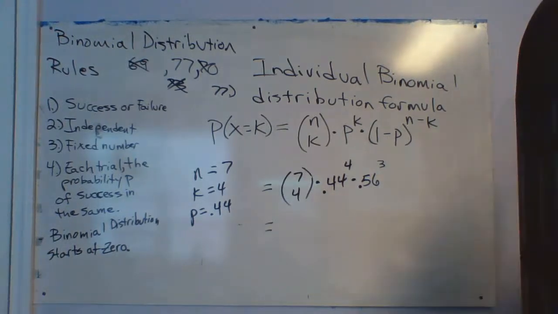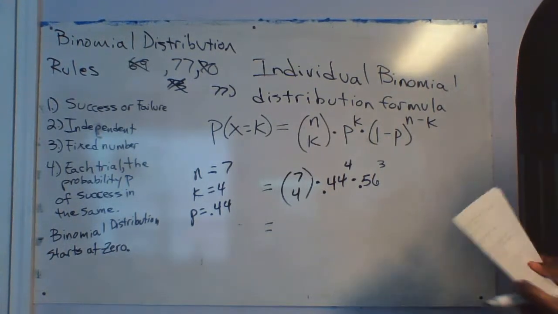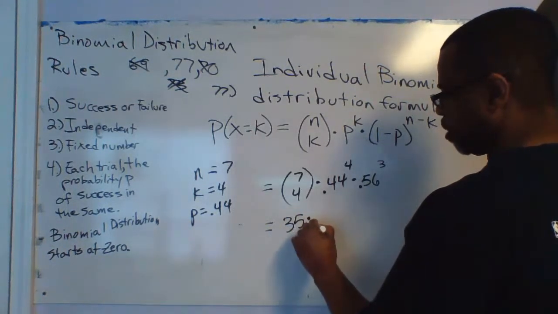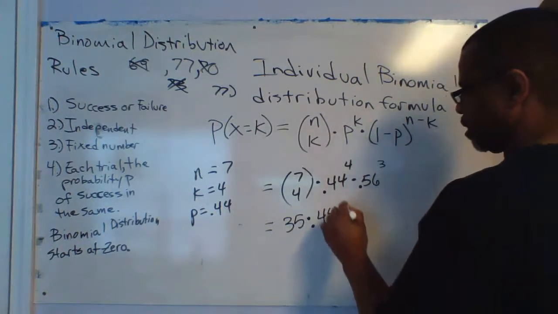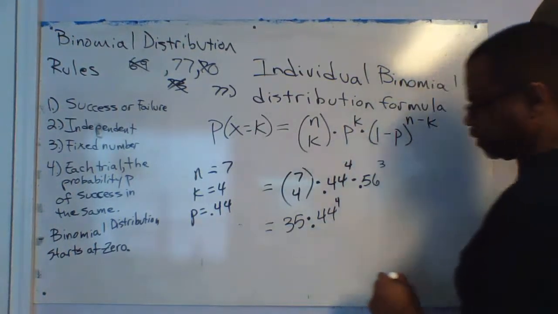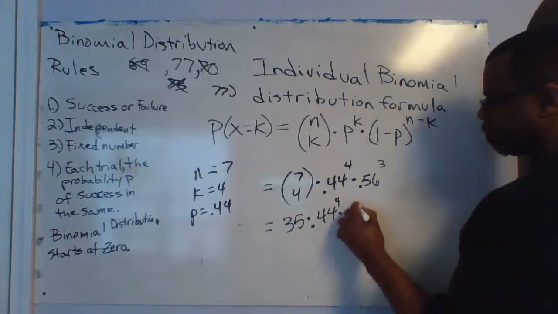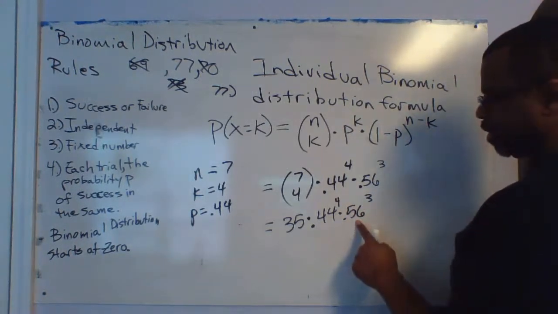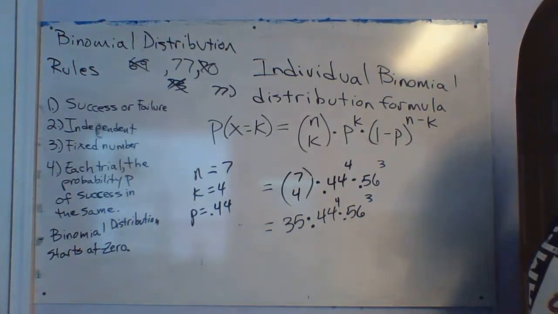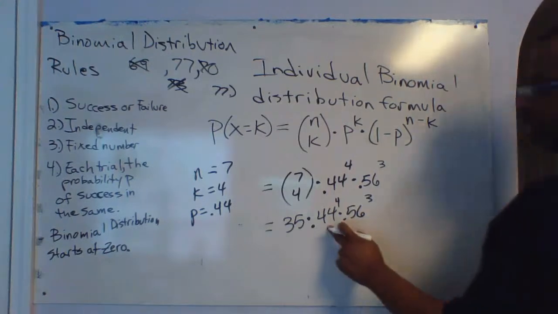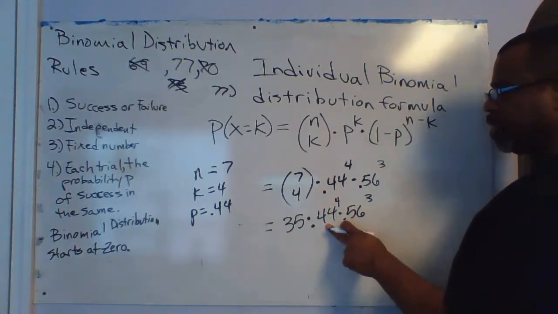So when you did that, you should have gotten 35 for this. Then you multiply times your success, since you're looking for exactly 4 successes, then 0.56 raised to the 3rd. These are your failures. Remember, if they're independent, you have to multiply that outcome raised to that power.